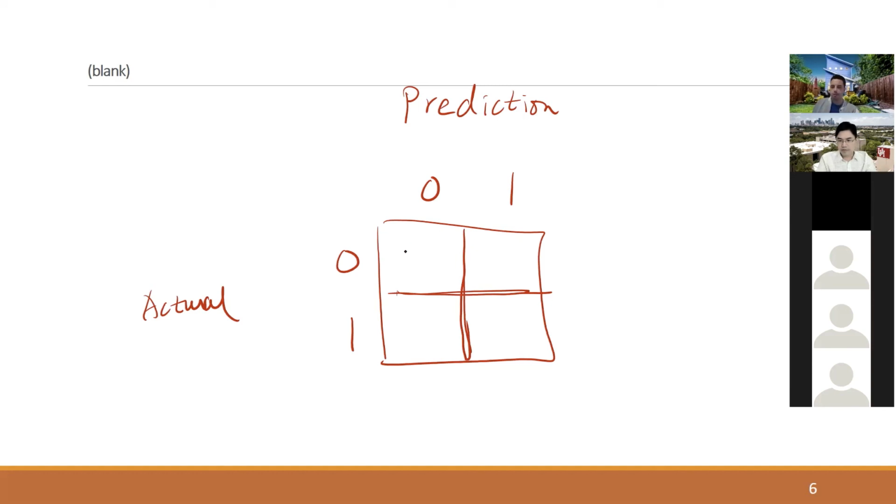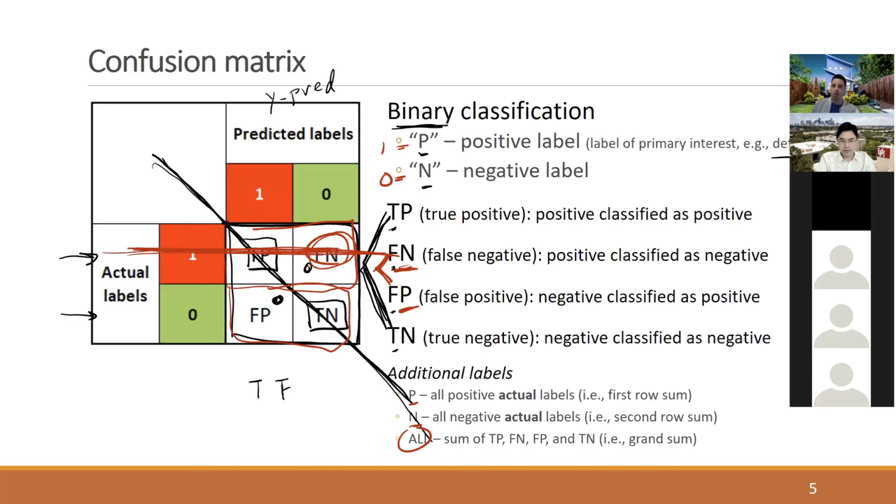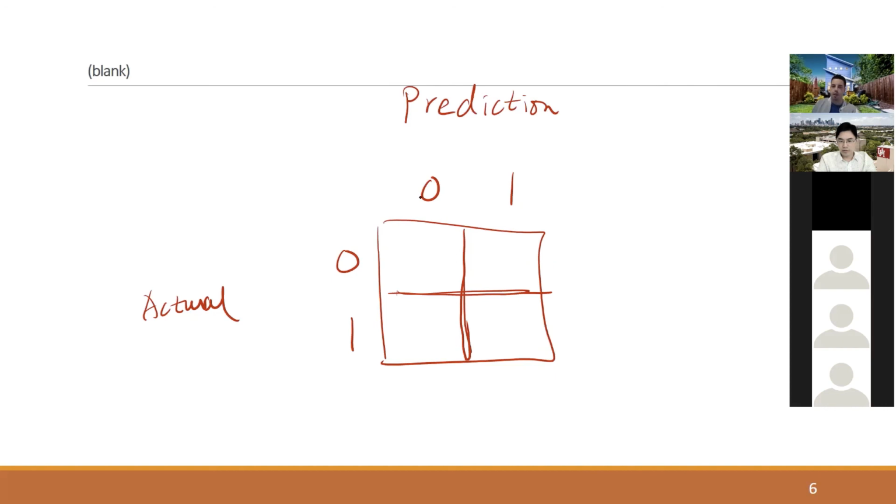Let's do something fun. Be sure that this layout is different from the one that you saw earlier. The columns and the rows are switched. Now try to tell me as fast as you can which of these is appropriate: true positive, false negative, false positive, or true negative.